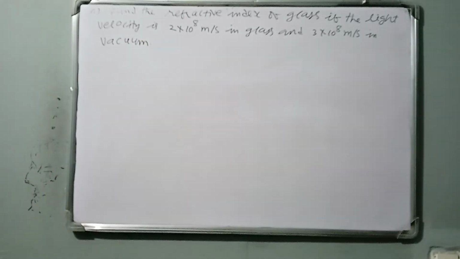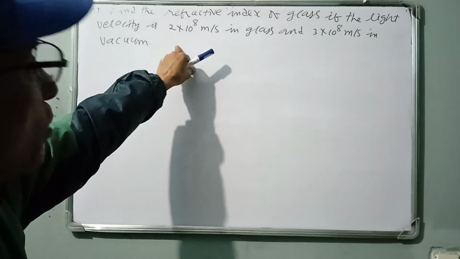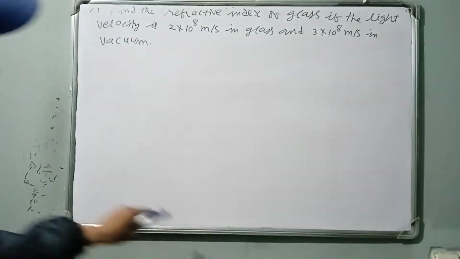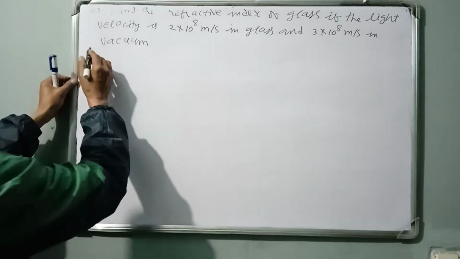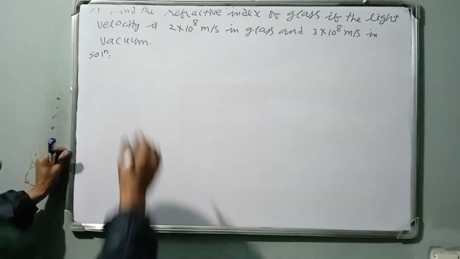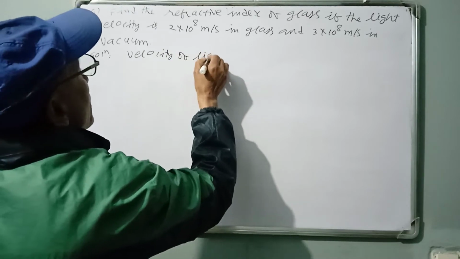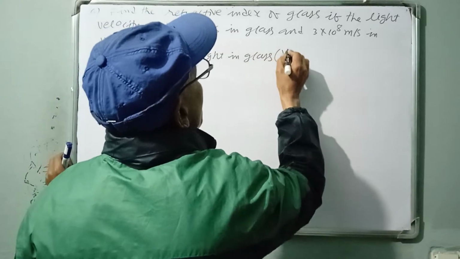Now how to solve the problem? See, the given question is: find the refractive index of glass if the velocity of light is 2 into 10 to the power 8 meter per second in glass and 3 into 10 to the power 8 meter per second in vacuum. Solution is this. See, this one is velocity of light in glass, say Vm.